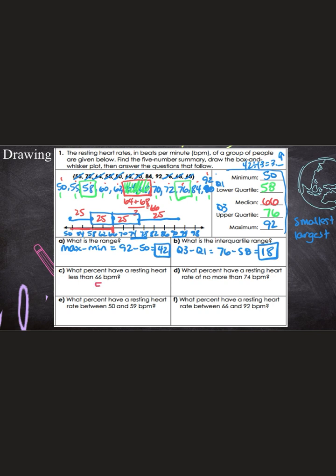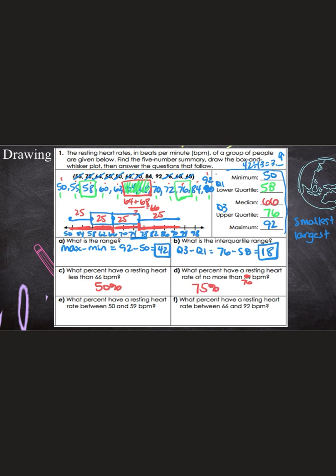So that's 50%. What percent has a resting heart rate above 76? Here's 76, and this chunk is just 25%. Oh, no more, sorry, it's less than that. So it's 25, 25, and 25, so 75%.